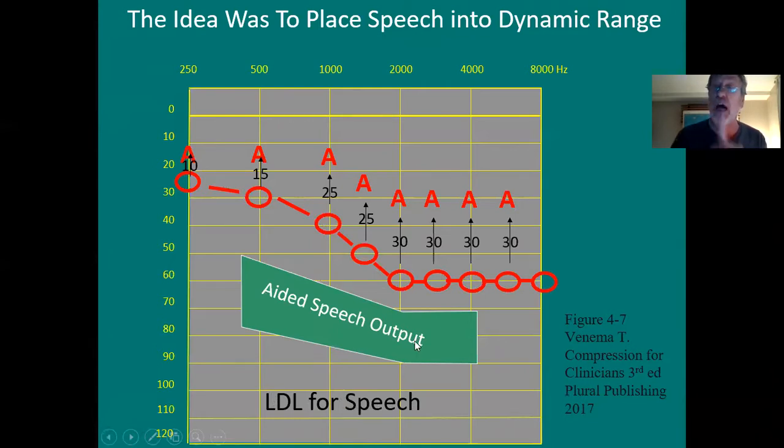So aided speech output will sit nicely in the middle of his dynamic range if and only if I amplify input speech by half the degree of the loss. Look at the thresholds. If I amplified speech by 30 here, 40 here, 60 here, 60 here, 60 here, then you're going to add 60 to an input of 55, and you're going to end up with about 115 or whatever. You know, you're way over. So that was the half gain rule.